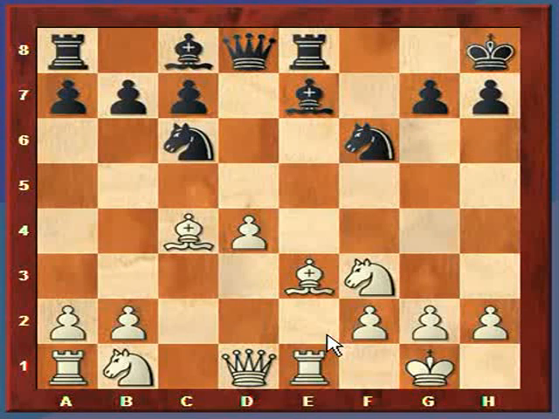Let's look for a file, meaning a vertical column, that has no pawns. Well, there's only one open file on the chessboard, and it's this one. It has no pawns. If you look at all the other files, they have at least one pawn on them. So this is the only one that doesn't.